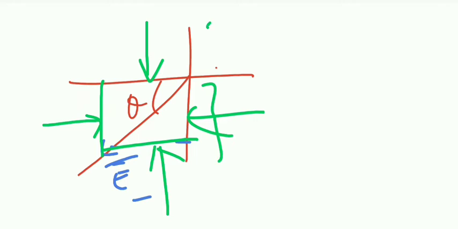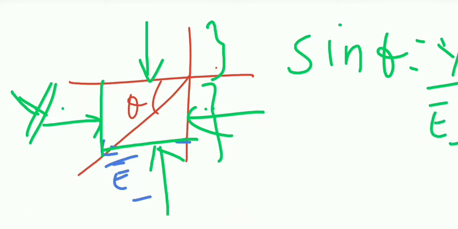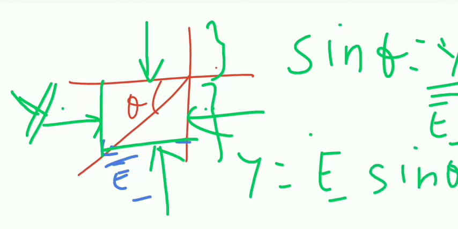So sine theta is equal to, for this opposite side, let us assume this is y, and this is also y. So y by the hypotenuse E minus vector. So y is equal to E minus sine theta. So this length is E minus sine theta.